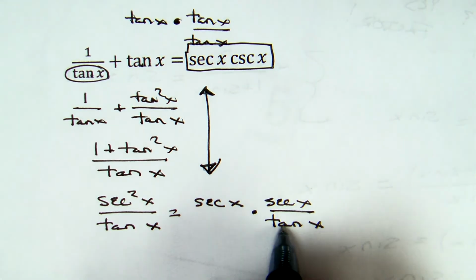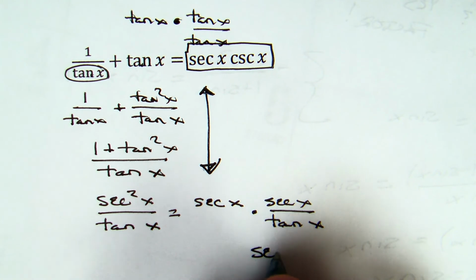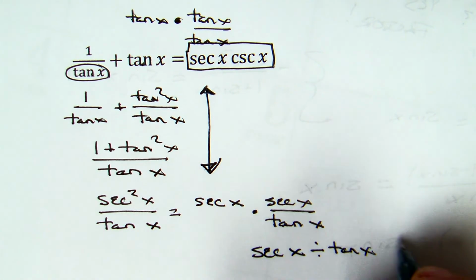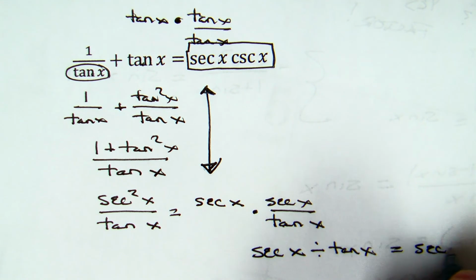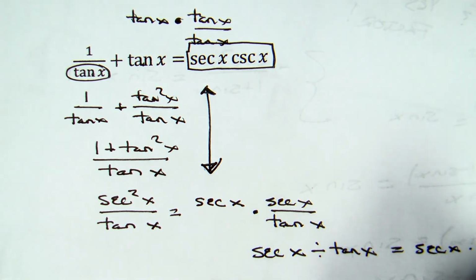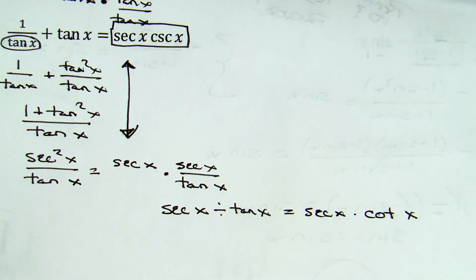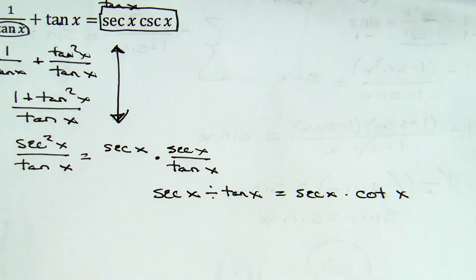Then I would take this and rewrite it as a division problem. Secant x divided by tangent x equals secant x times cotangent x. And then I'd rewrite everything in terms of sine and cosine.